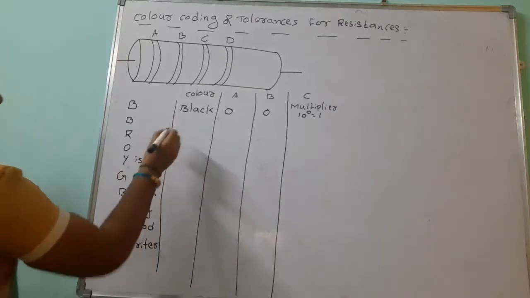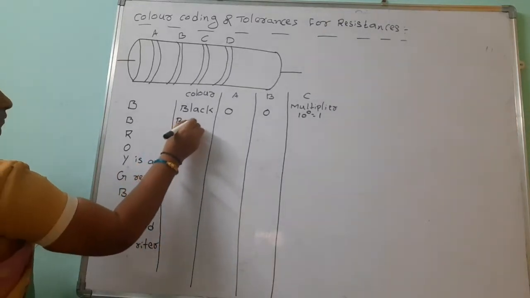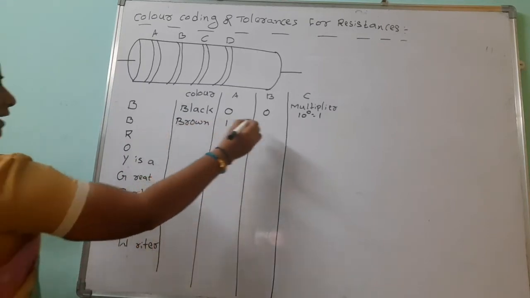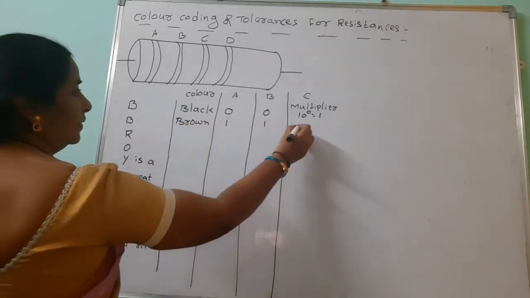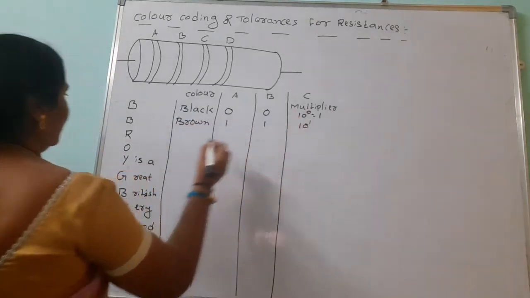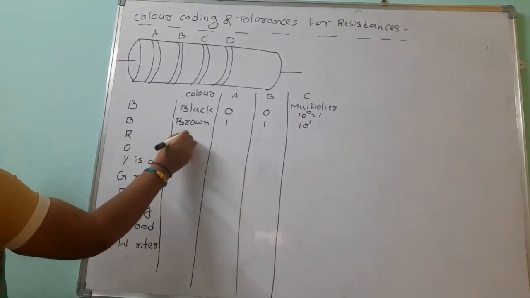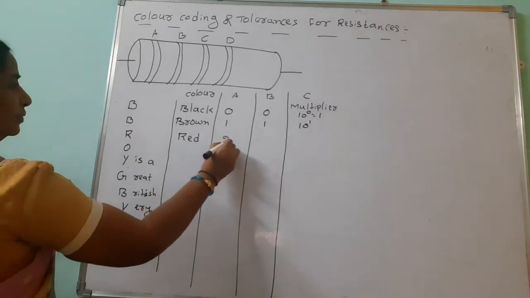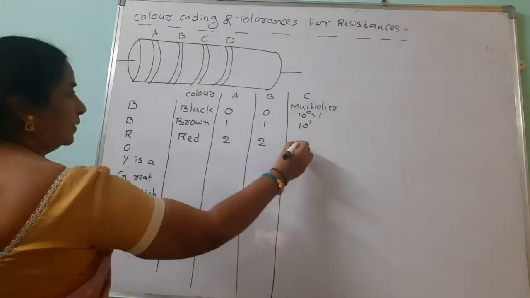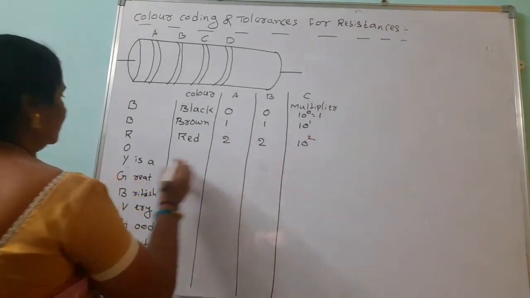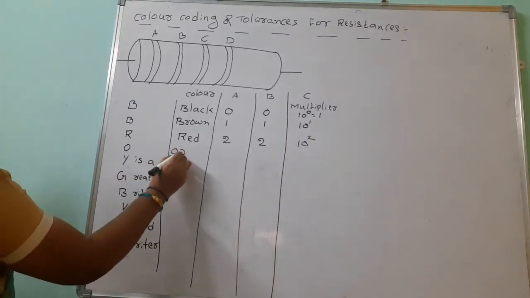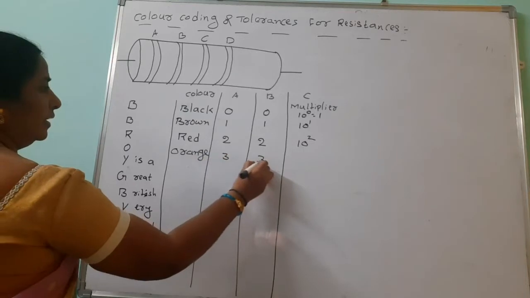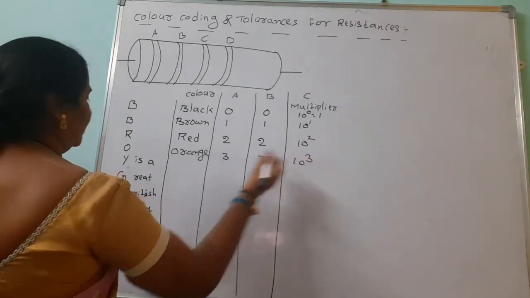The next color is brown. This is 1, and here also it is 1. This is 10 power 1. Then red. Red is 2, and this is 10 power 2. Orange is 3, 10 power 3.